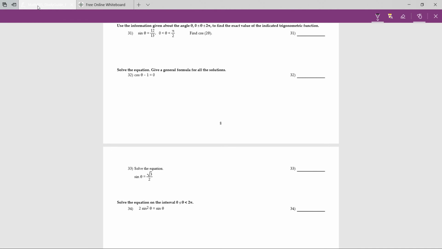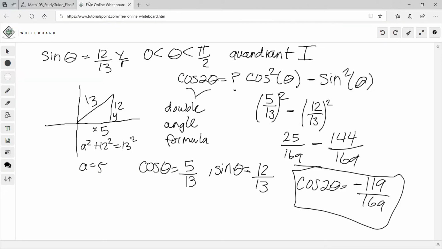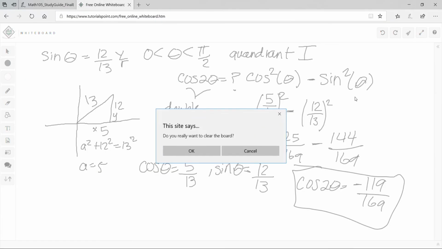32. Solve the equation. Give the general formula for all solutions. So they want all solutions. We are given cosine theta minus 1 equals 0.